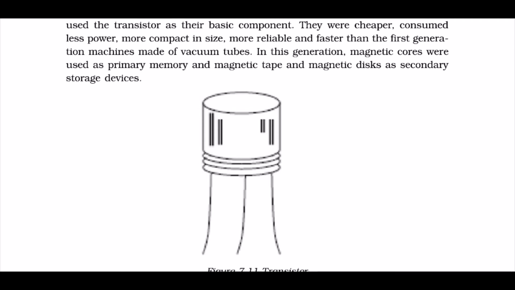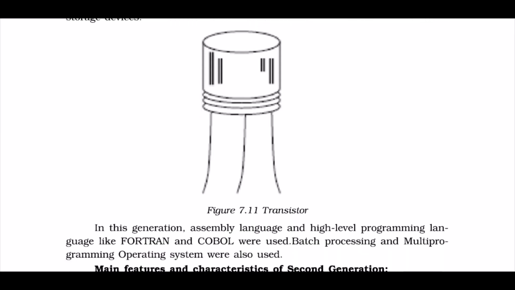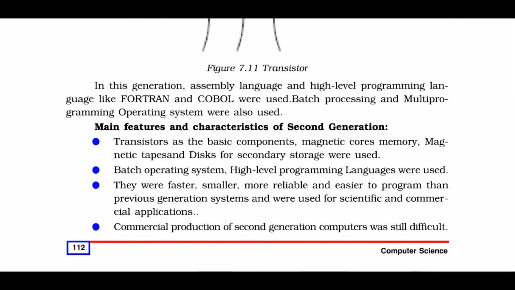In this generation, magnetic cores were used as primary memory, and magnetic tapes and magnetic disks as secondary storage devices. Programming languages like Fortran and COBOL were used. The processing was batch and multi-programming operating systems.